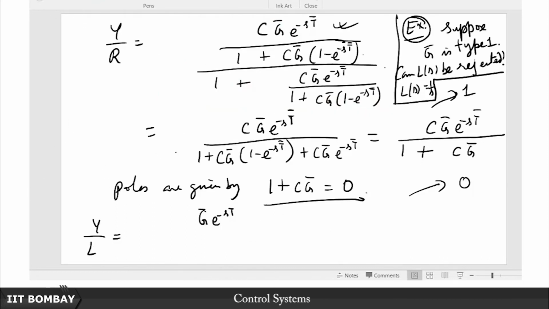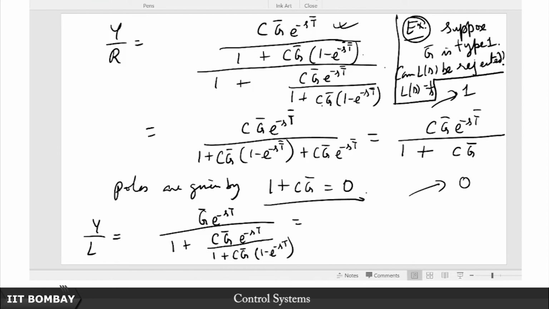In the denominator I will write once again the same thing, 1 plus C G bar e to the minus sT. Of course, if I write T or T bar, it does not make a difference because they are one and the same. And then I write 1 plus C G bar into 1 minus e to the minus sT.